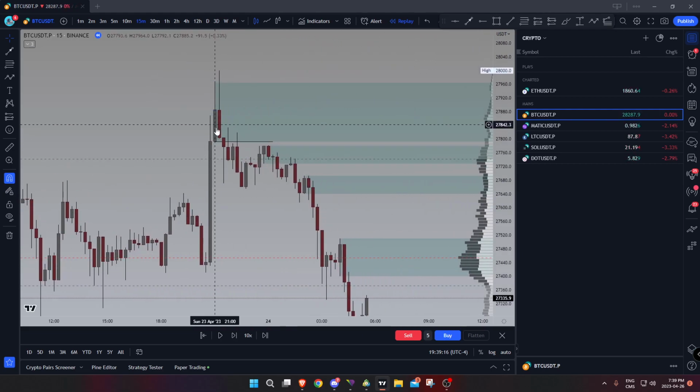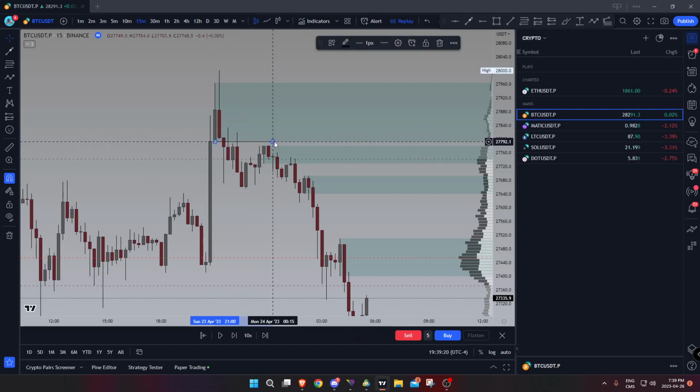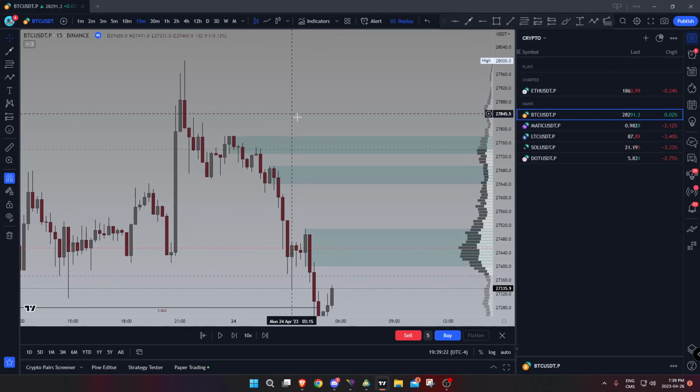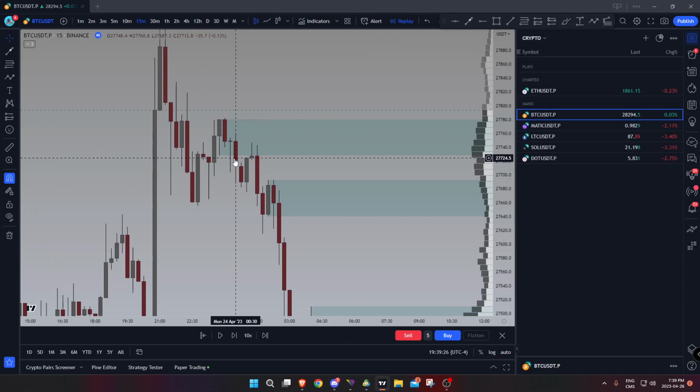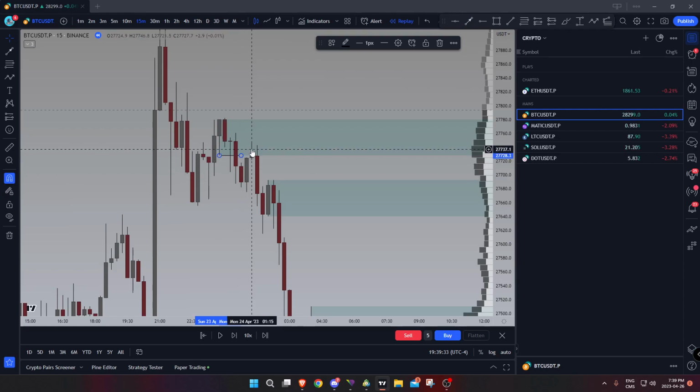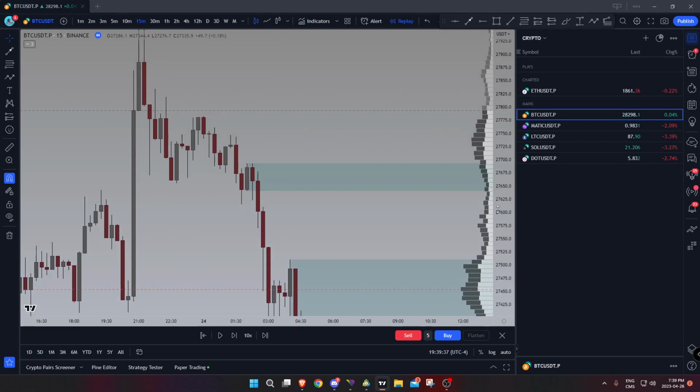So coming back there, I want a clean break. We got a break here, but a retest. So from there, this order block is not valid anymore. Same here. We got our first close under my order block right there, but right after we got a retest of it. So another one that we remove.